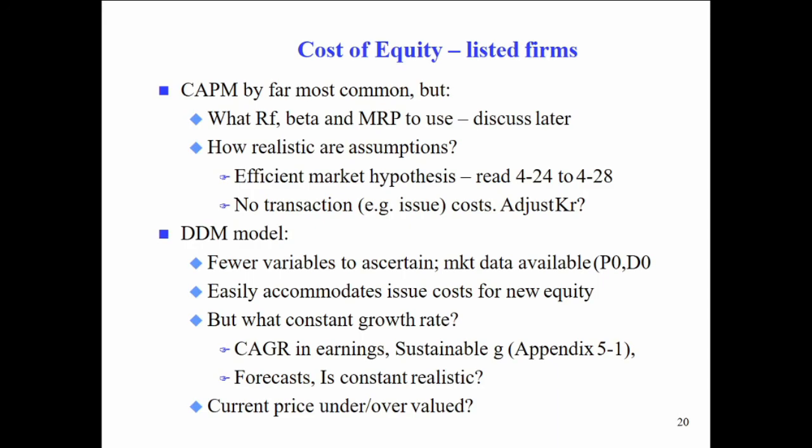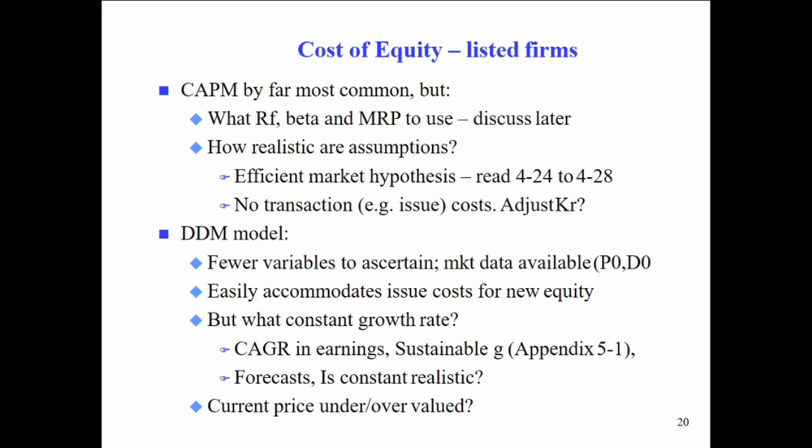We also need to consider the assumptions underlying the capital asset pricing model. The most significant assumption is that there is an efficient market hypothesis. The capital asset pricing model assumes that there is a perfect capital market.